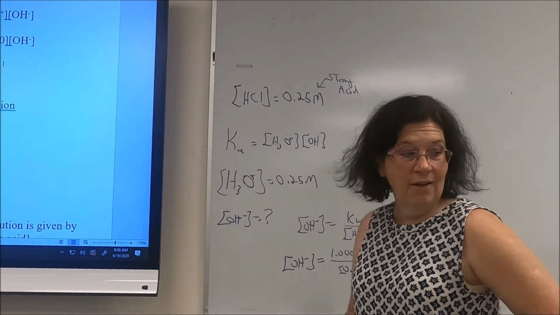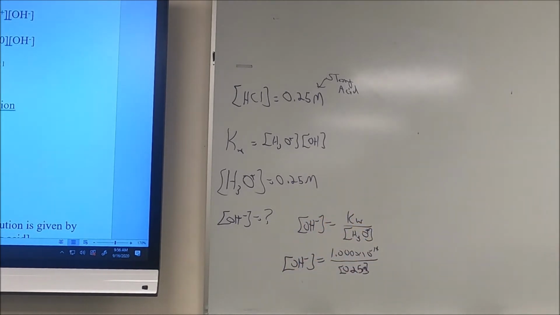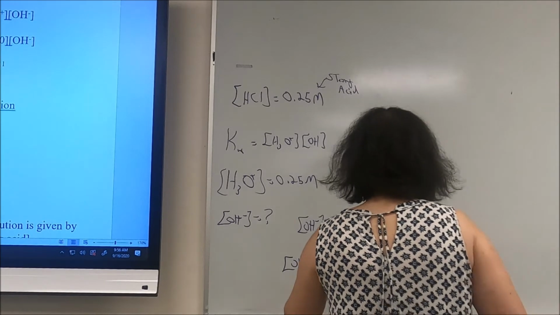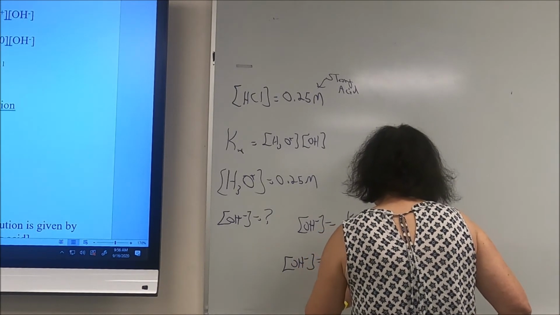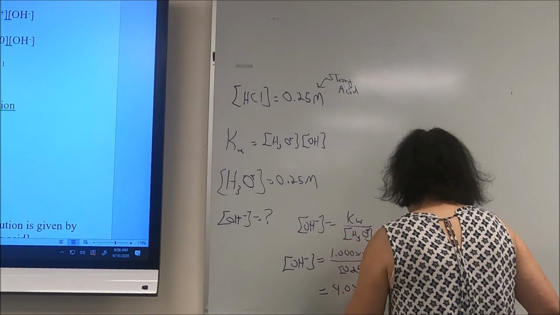So I'm going to divide this out. 1 exp 14 negative divided by 0.25. So I get a concentration here of 4.0 times 10 to the minus 14.